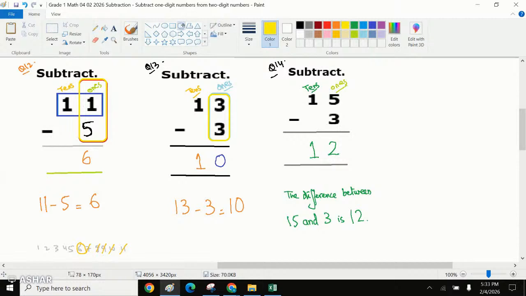In the third question, question number 14, the ones at the top, in 15, the two-digit number, 5 is greater than the ones in the smaller number, that is 3. So we can simply directly simplify, okay? So let's try some questions from the test and see what the possible answers are.